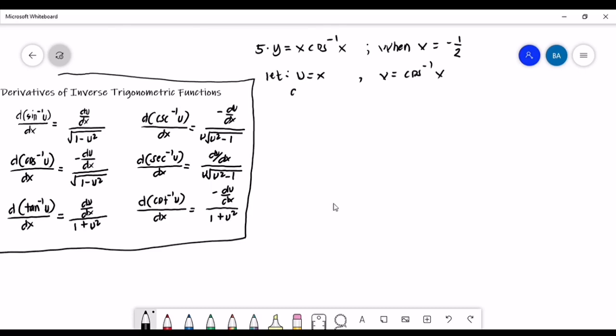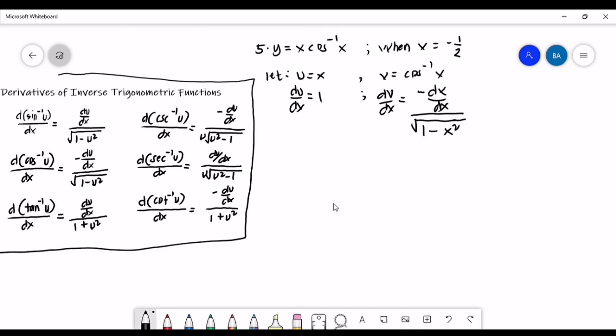So at this point, let's solve for du dx. This is equals to 1, and then our dv dx, we could use the second equation, and then this is equals to negative du dx, wherein our u, or this is x already, is equal to the negative dx over the square root of 1 minus x squared.